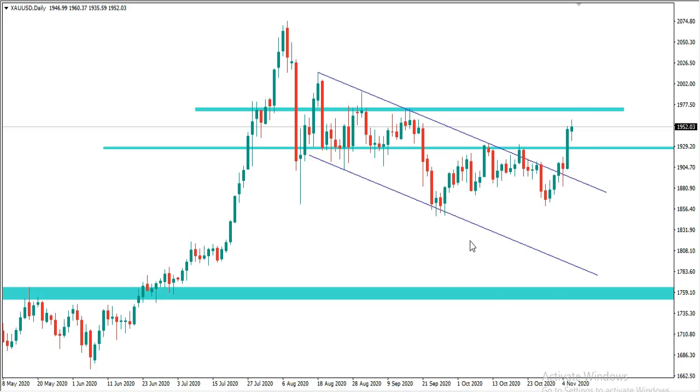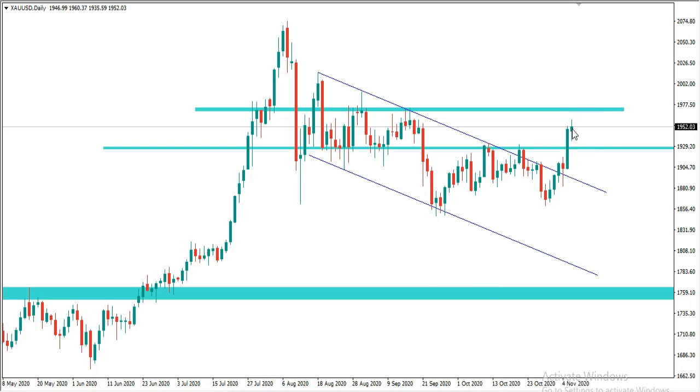So now we expect this resistance at this point to become support at this point. This means we might see the price first make it into this high right here, and from here we have the move lower to this point before continuation higher.